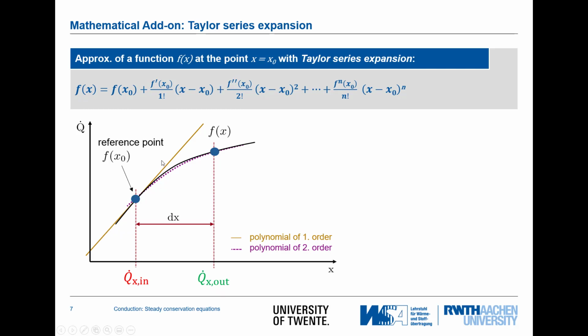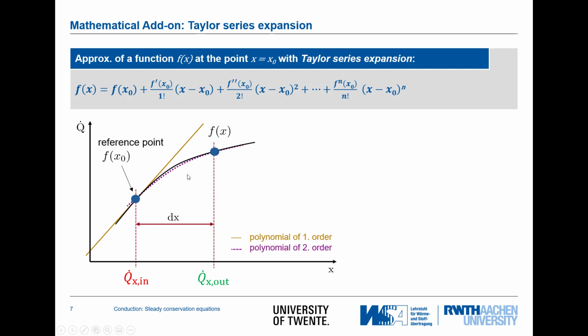You see that this works not that well here because the slope is changing, there is a changing gradient, and as such we are not 100% able to approximate this function value.